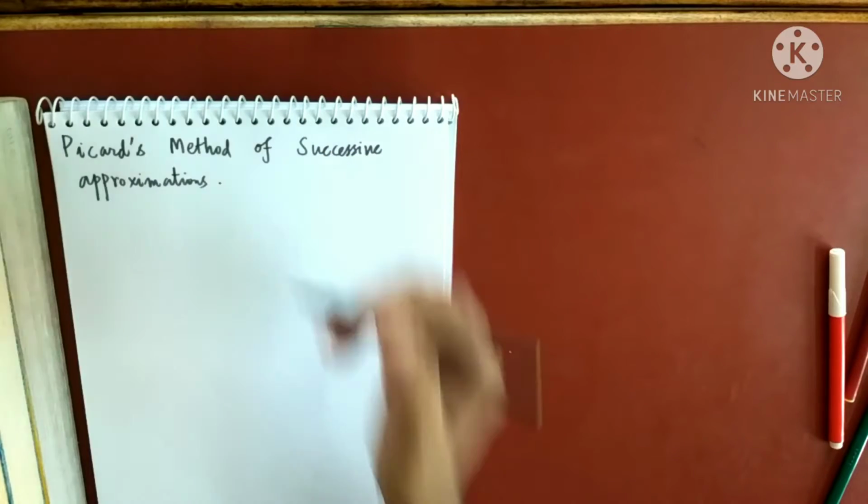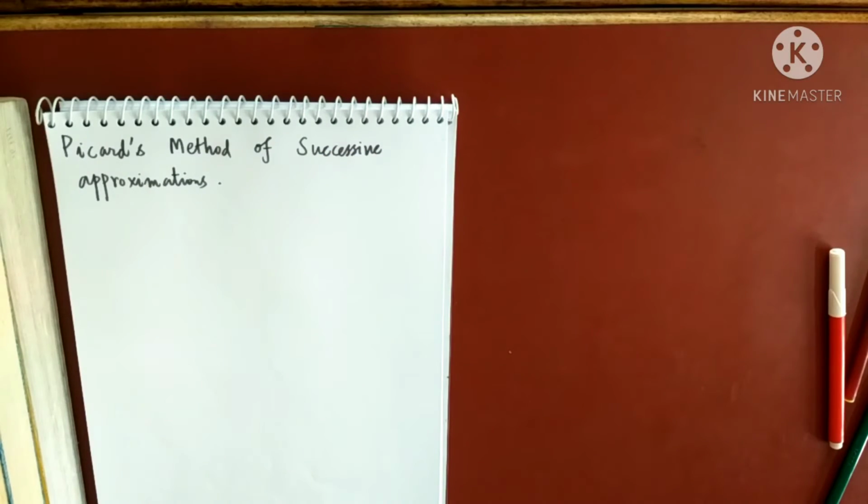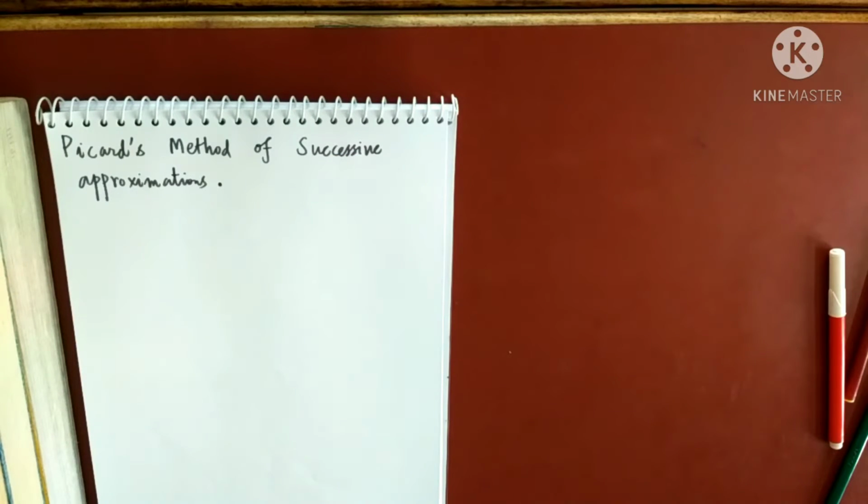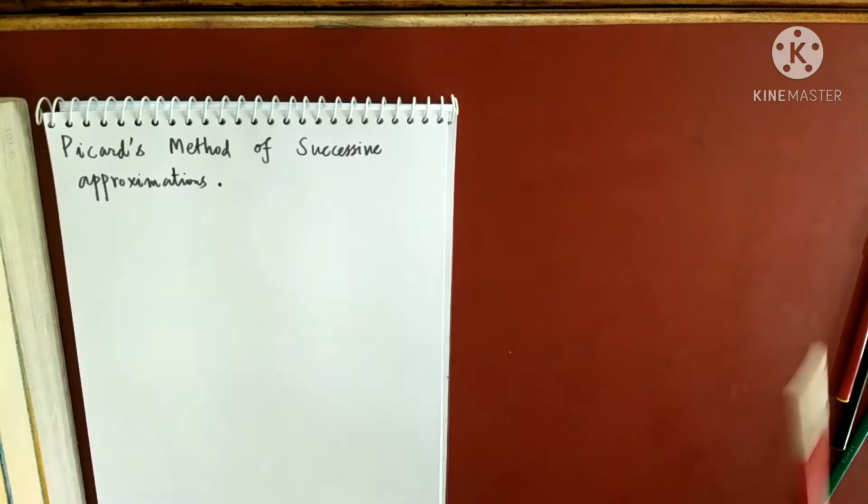So after Euler's method and modified Euler's method, we have Picard's method of successive approximation.